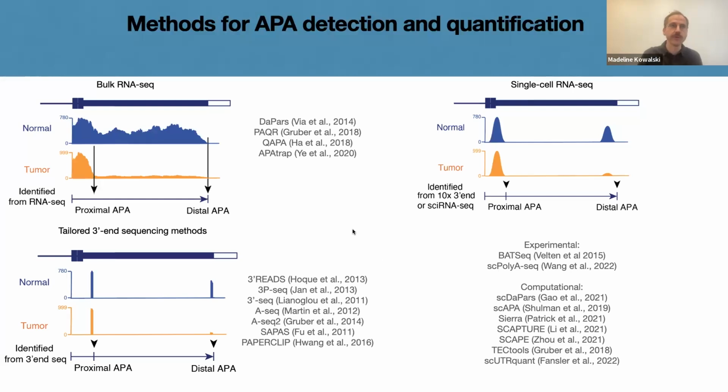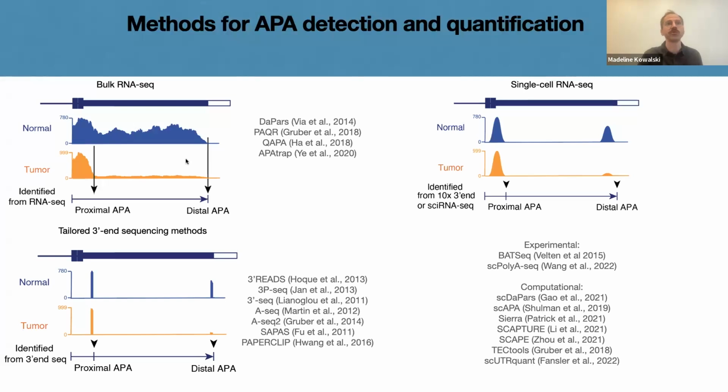Over the past couple of years, there have been a number of methods that allowed us to look at alternative polyadenylation. So, for example, especially with the upcoming of RNA sequencing methods, which gave us access to sequence coverage across untranslated regions, a couple of researchers have developed computational methods that allowed us to interpret the differences in relative coverage for these alternative 3' UTRs.